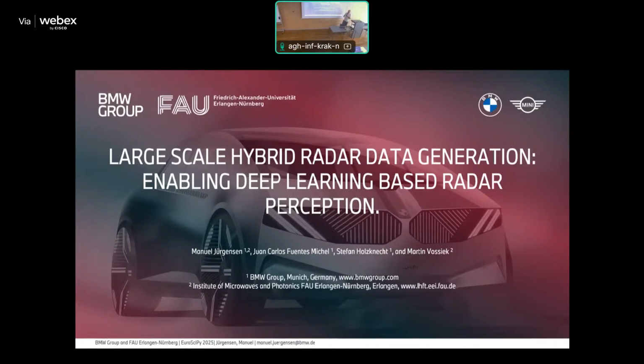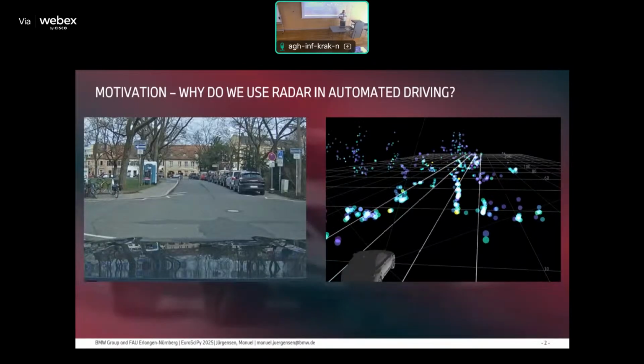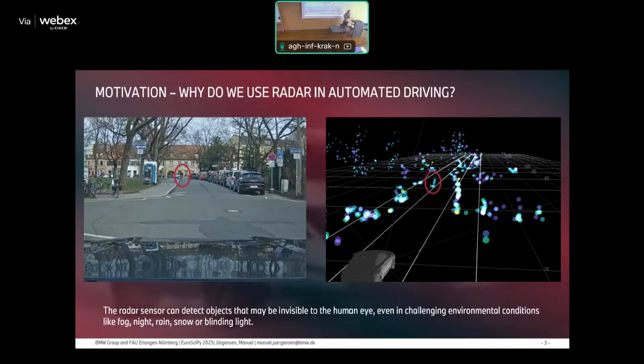So let's get started on why we need radar. You have a scene: on the left you can see the camera image, on the right the radar image. That's a processed radar image, so we go from spectrum to this representation. Maybe you spotted it, maybe you didn't. There's a cyclist. On the camera image, it's quite hard to distinguish the cyclist from the environment.